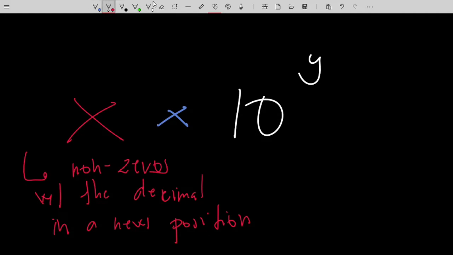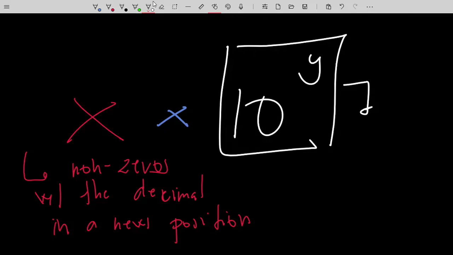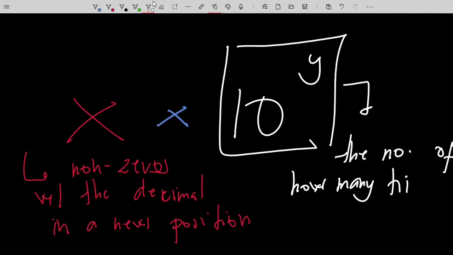Now, your 10 raised to the y power stands for the number of how many times the decimal is moved.